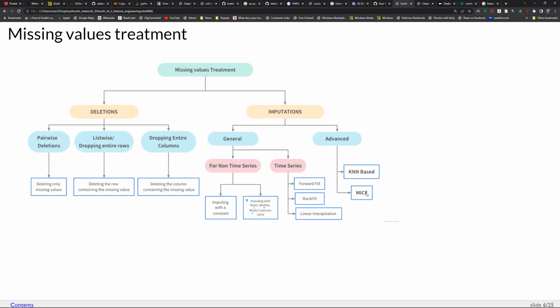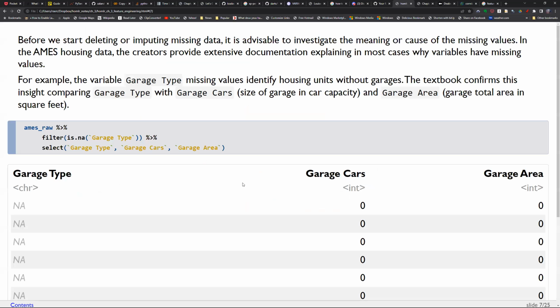And there's a technique that is called MICE, an acronym for multiple imputation by chained equations. It uses regression models to impute numeric and also categorical values. This is going to be a little bit out of scope. So let me see if I have some time to give you an example of one of the imputations with a constant.